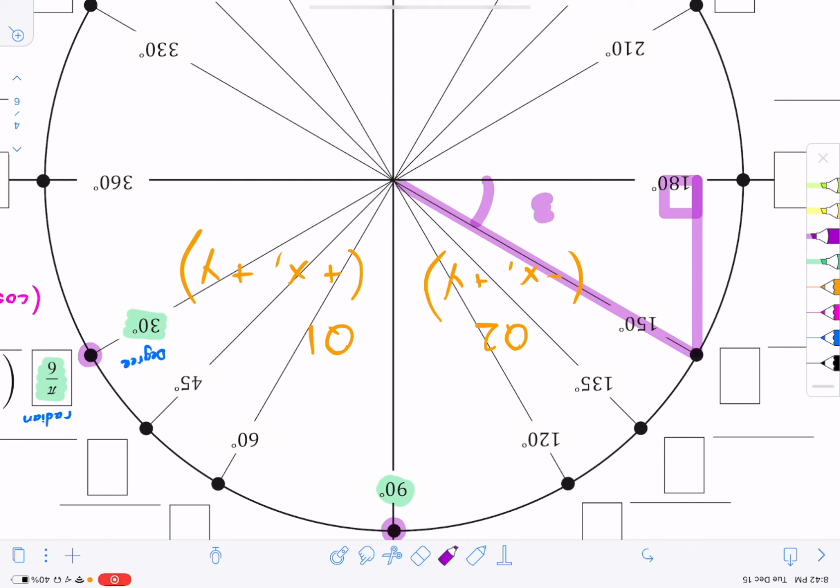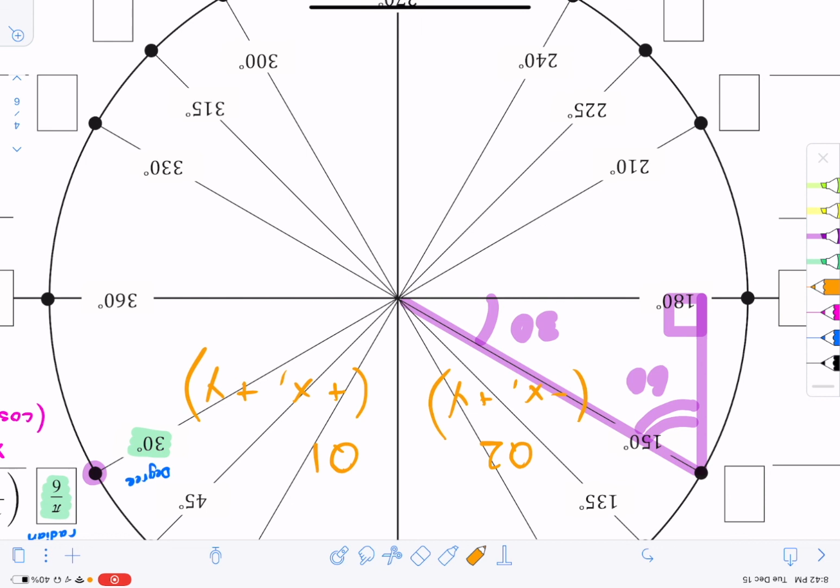This forms a 30-degree angle. What's left? 60 degrees. So I just formed a 30, 60, 90 triangle at 150, which you can all solve for, which will give you your cosine and sine value. And you need to do this for the rest of them on the unit circle.